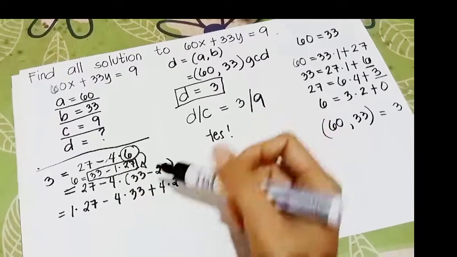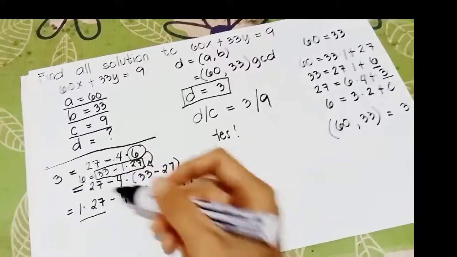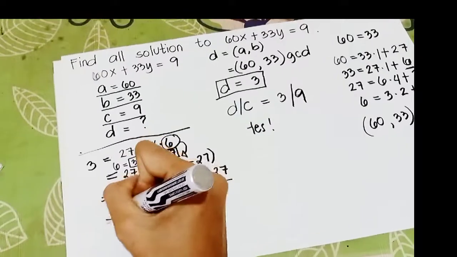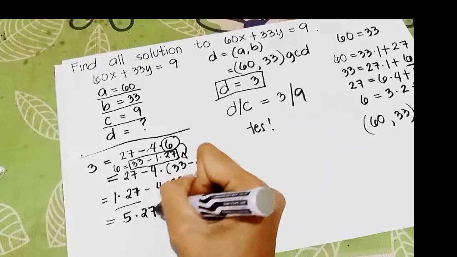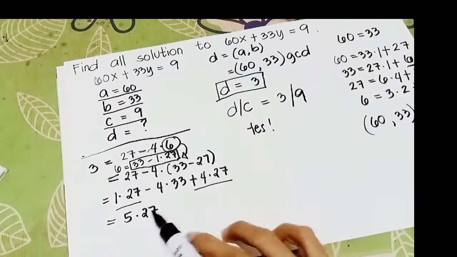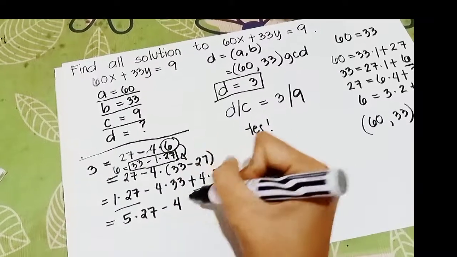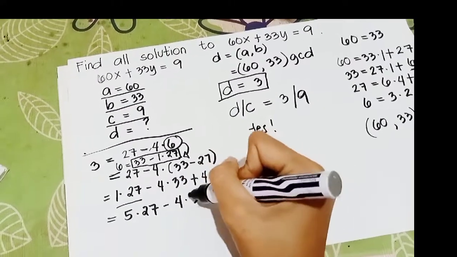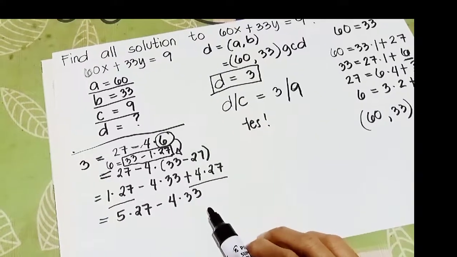Alright, so we will combine these two since they have the same 27. Combine, we will get 5 times 27: 1 plus 4, 5 times 27. Copy the 4 times 33.